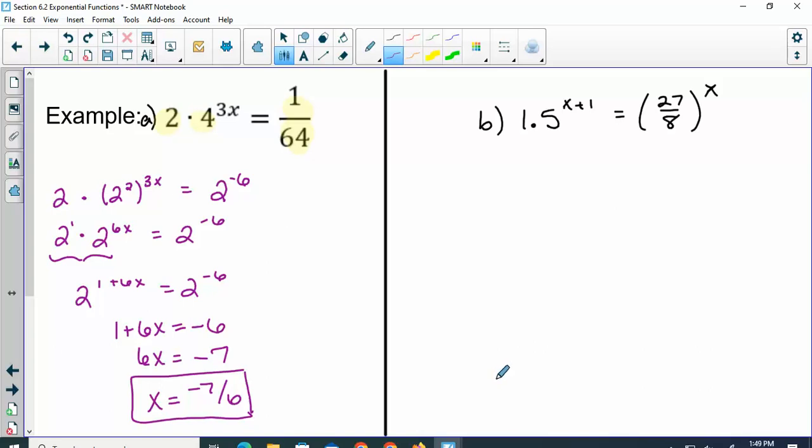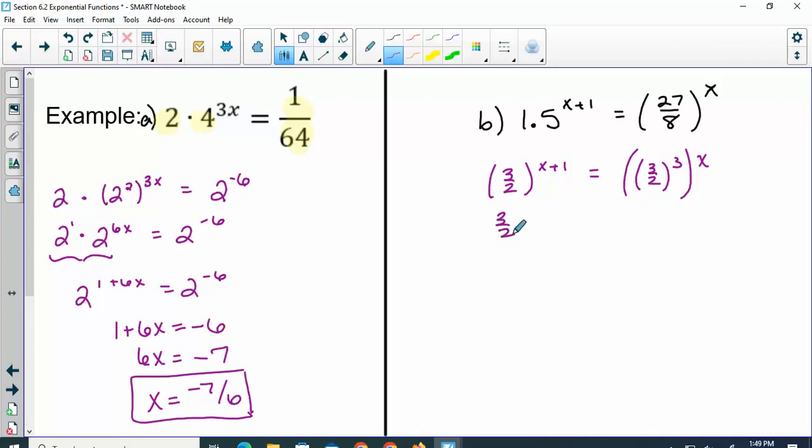Second one, we seem to be struggling with that one a little more. What do you do about the 1.5? 3 halves. Can we write 27 over 8 as 3 halves? And that whole thing is still to the x.